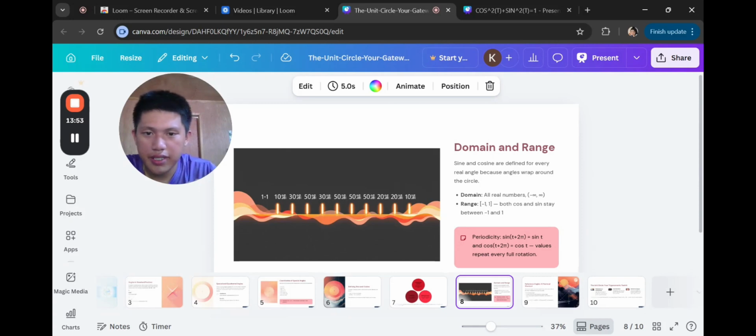This means that these functions are periodic: every time you complete a full rotation of 2 pi radians or 360 degrees, the values repeat exactly. This creates the wave-like pattern seen in the graphic on the side.